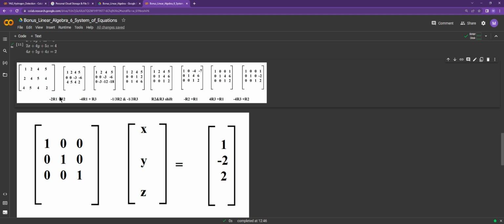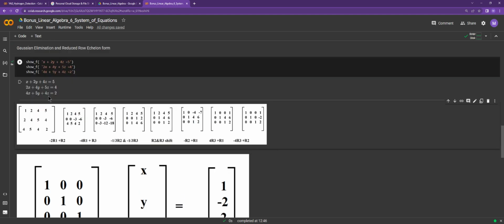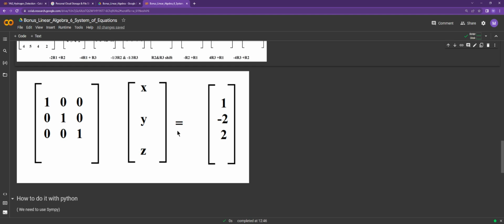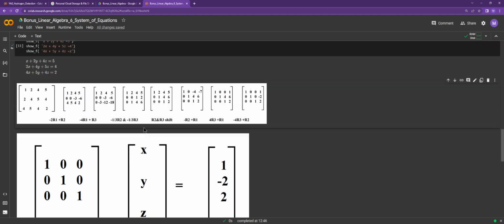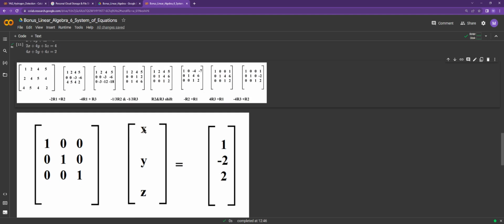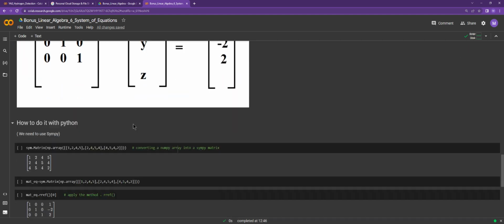That's how you would solve the system of equations by hand using this method. Once again, if you don't know this, I really prefer that you go and learn about it. There are plenty of resources on YouTube on how to do this.